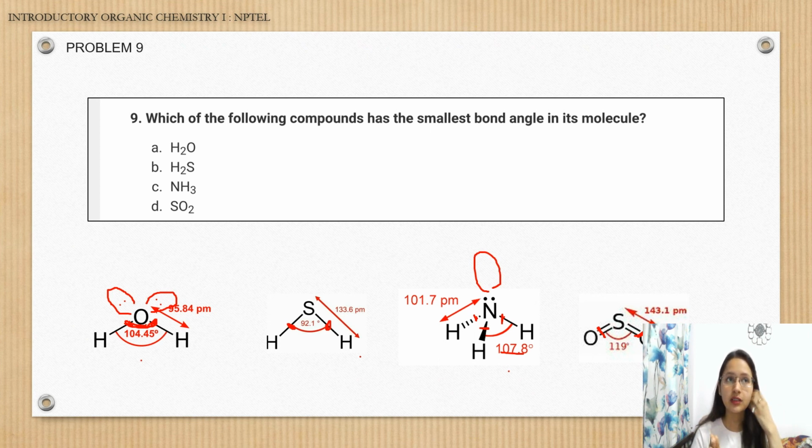The energy is very low, right? So the molecule will try to attain a very low energy state, so that it releases all the strains. So in the case of water, because the electron crowding is higher because of the electronegativity of oxygen, it will try to move the two bonds as far apart as it can, so as to release the strain which is occurring in the molecule.